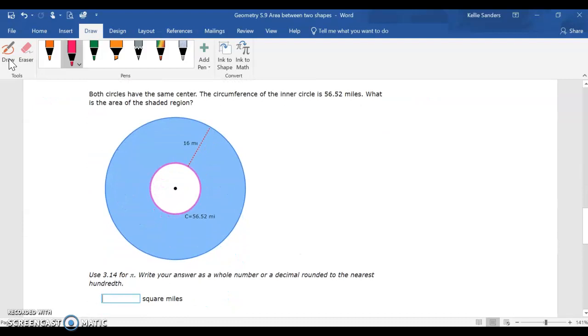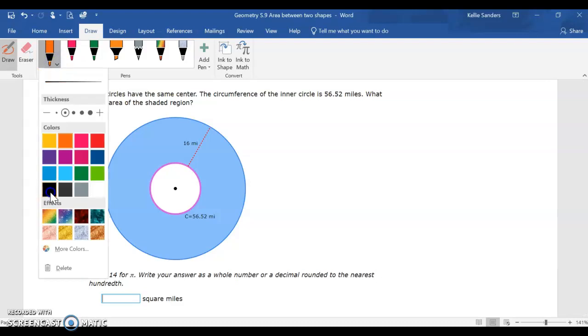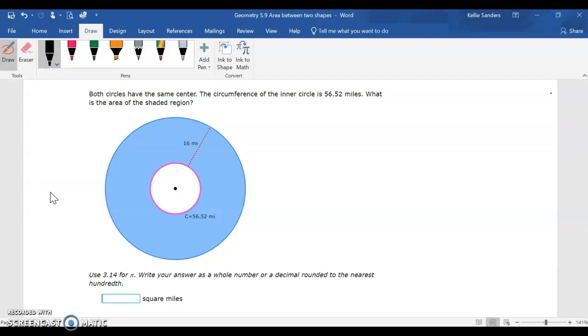Circles. Okay, let's see what we got, see what we need. Both circles have the same center. The circumference of the inner circle is 56.52. I'm just kind of making notes. What is the area of the shaded region?